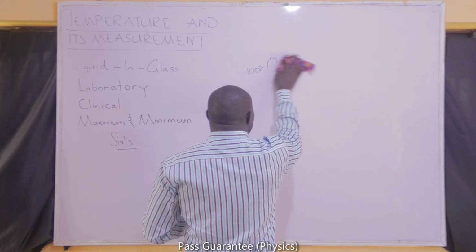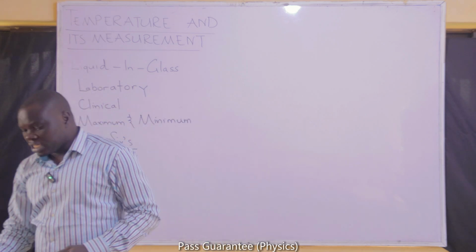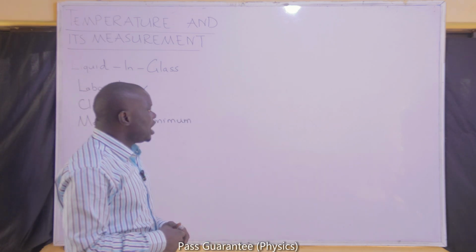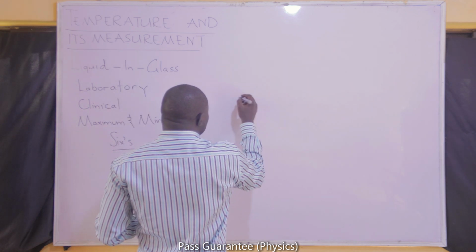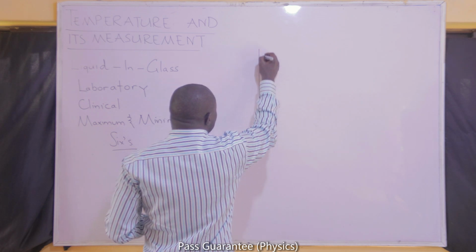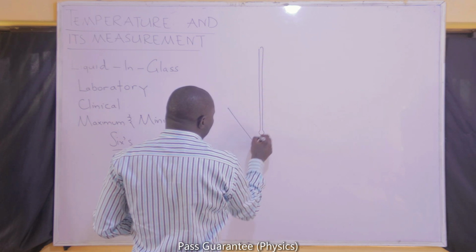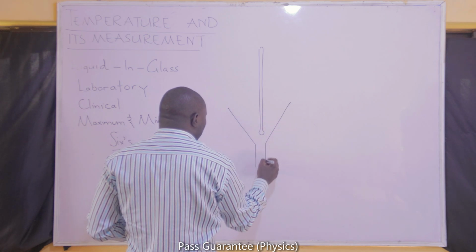Now, how do we get the upper fixed point and the lower fixed point of a new thermometer? What we just need to do is we'll get the thermometer, we'll put it in what I call pure melting ice shavings inside a funnel.